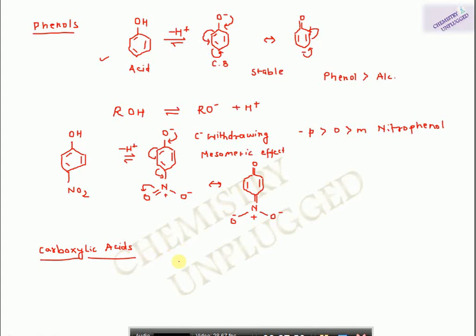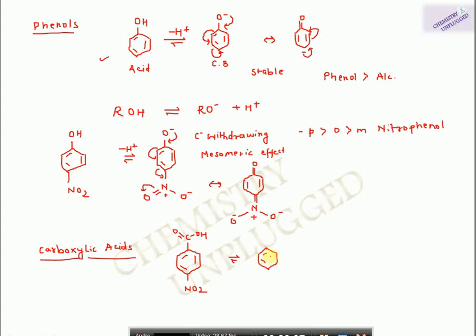Then we will take carboxylic acids. We all know that carboxylic acids are acidic in nature, and aromatic carboxylic acids are also very acidic, because when a conjugate base is formed, it is stabilized by delocalization. Therefore, they are more acidic in nature.